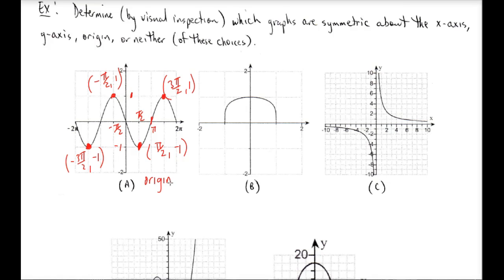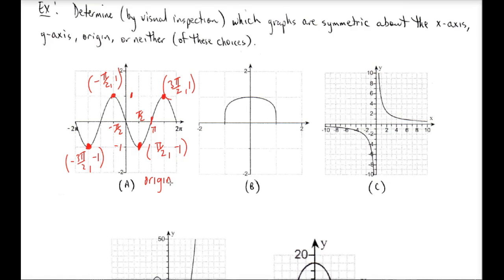We didn't see that happen. And we didn't see that we have 2 corresponding y values for every x value. So we'll say that graph A is just going to be symmetric about the origin.